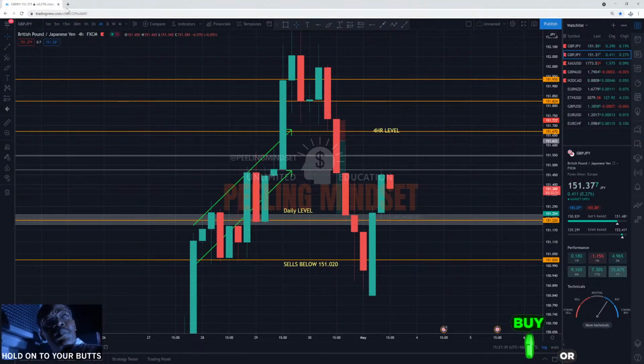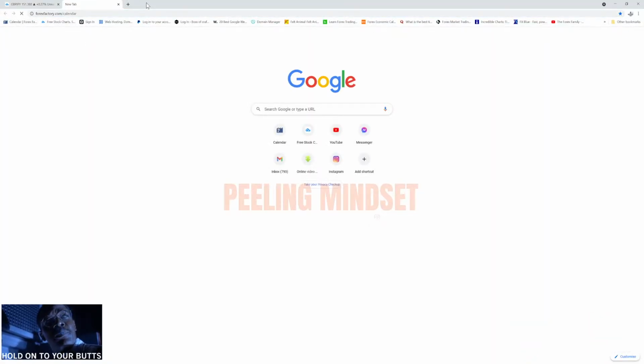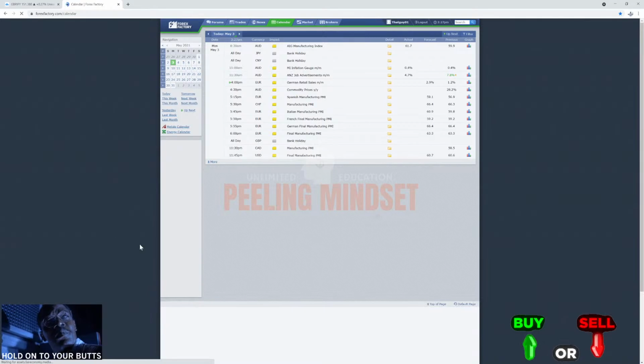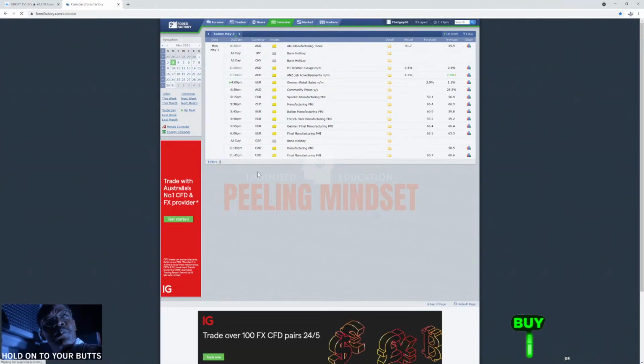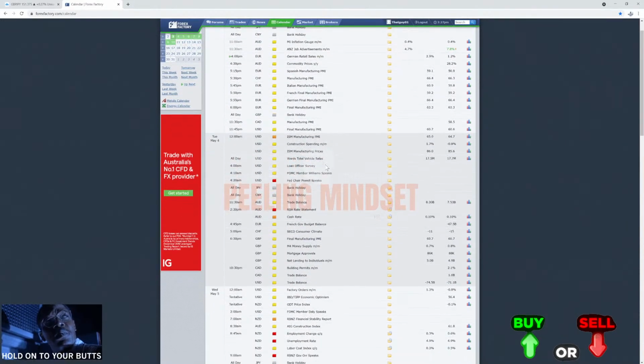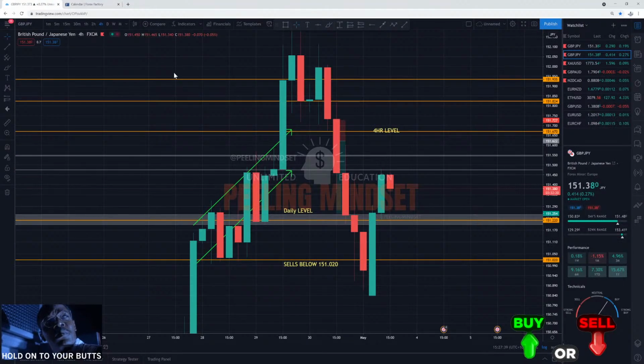Today, as far as I remember, is a pound bank holiday. So we are not sure if there's going to be any volume in the pound session, because pound is a heavy influencer in pound yen. Even the Japanese banks are on holiday, so not sure how the volume is going to kick in in these markets.